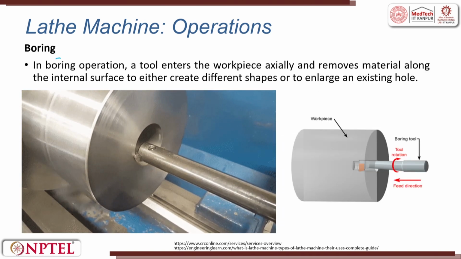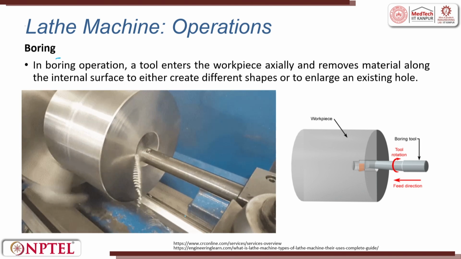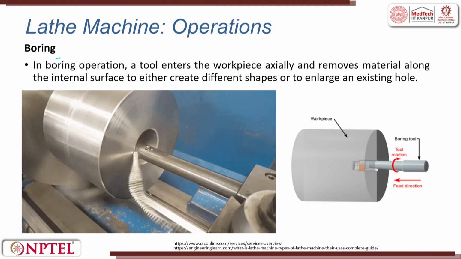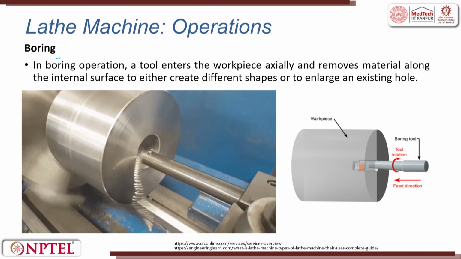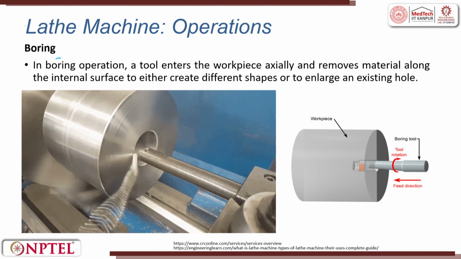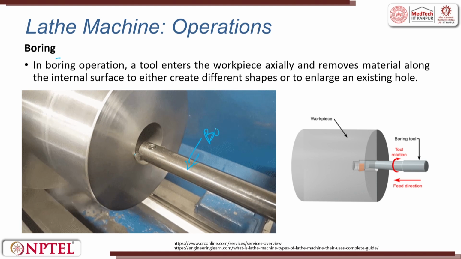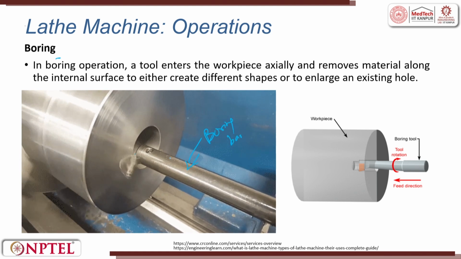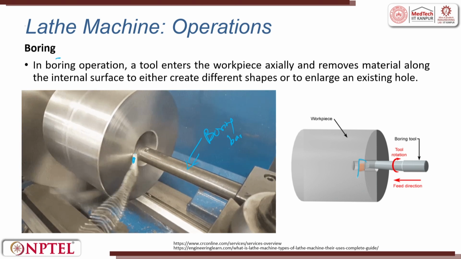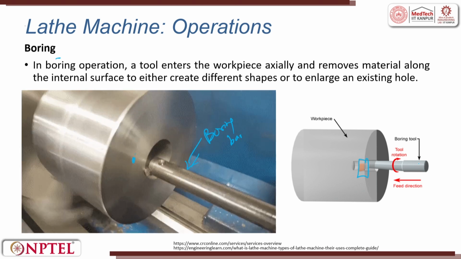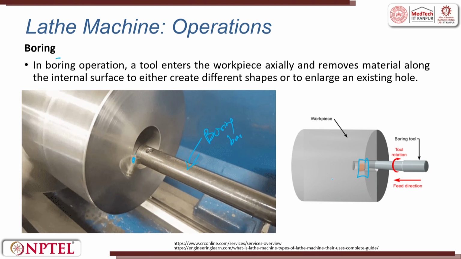Boring is an operation where again the tool is mounted on the tool post or it can be mounted on the tailstock. So you can give advancement of the bore. This is a boring bar. This boring bar has a boring tool here. Rotation is given to the boring bar and the feed direction is given.